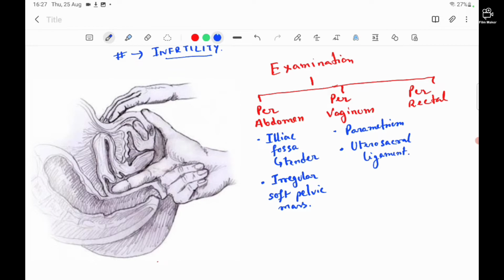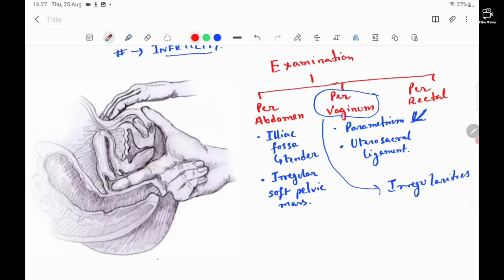Through the rectum you observe the parametrium. In per rectal and per vaginum examination you just observe for anatomical irregularities.